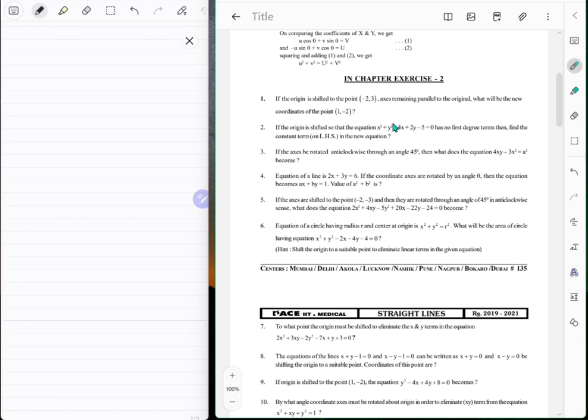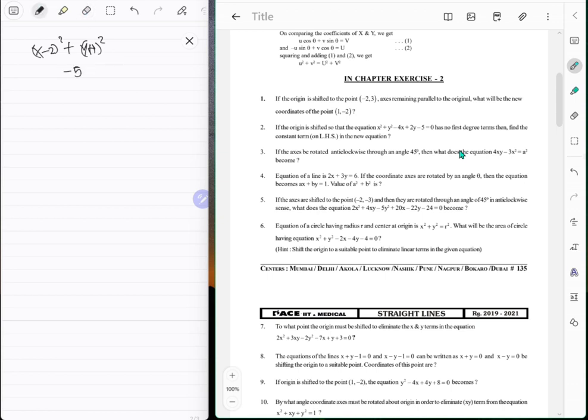Okay, if the origin is shifted so that this equation has no first degree terms, find the constant term on the LHS in the new equation. No big deal. So you can write this thing as x minus 2 squared plus y plus 1 squared equal to 5. Oh, you just want it on the LHS, right?